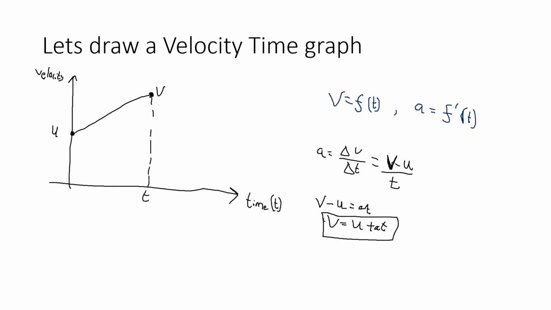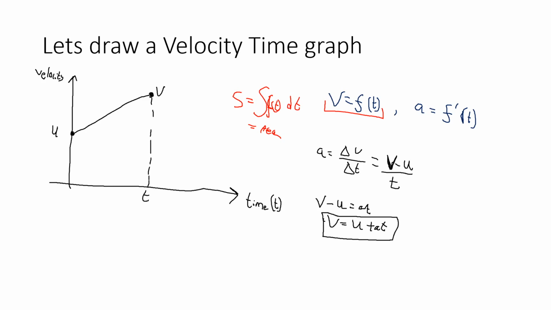On that same token, if v is a function of time, then the displacement is the integral of the function of time, also known as the area. What is the area of this function?